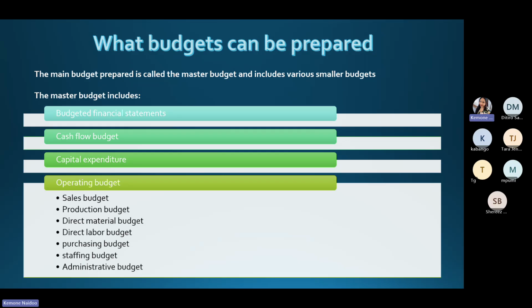Usually we have budgets that help us understand our operational costs, our capital expenditure, our cash flow, and all of those statements that we looked at in the beginning. And remember, companies need budgets as it is a form of control.